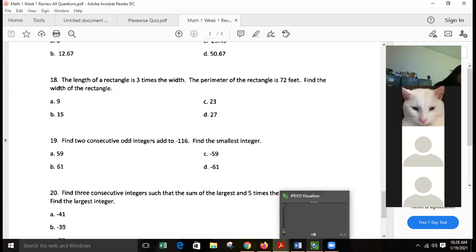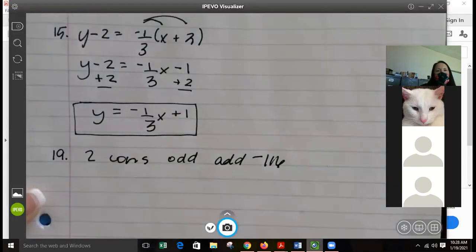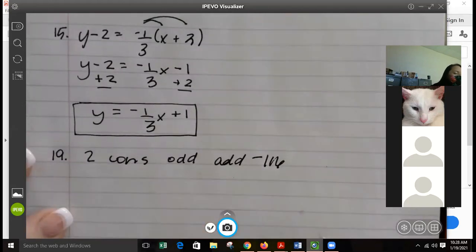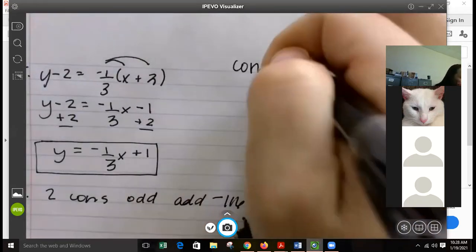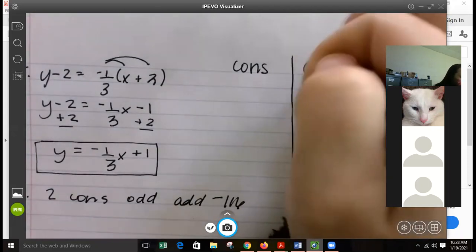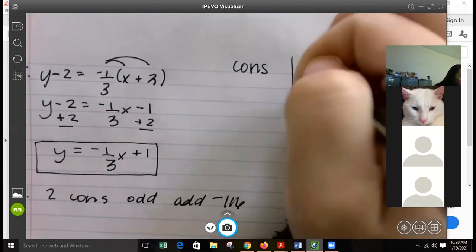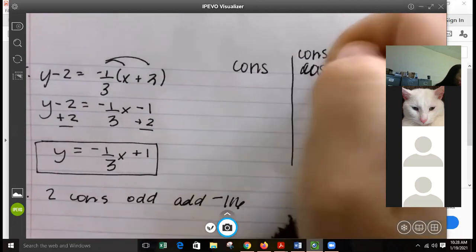So 19, 2 consecutive odd that add to negative 116. Okay, so remember, consecutive versus consecutive odd or even.